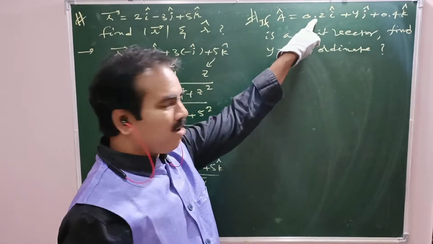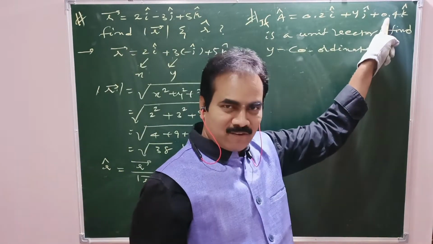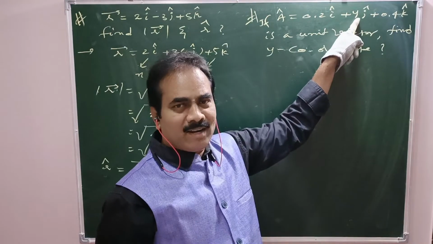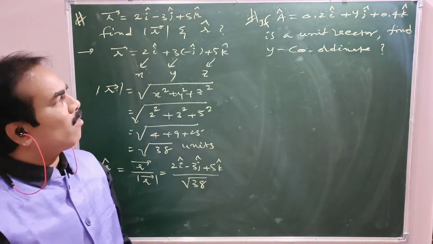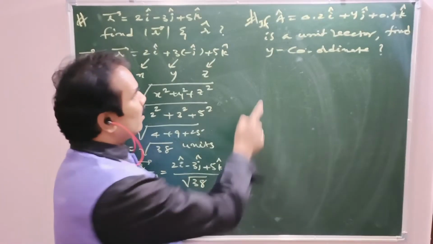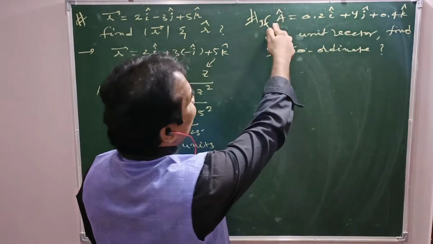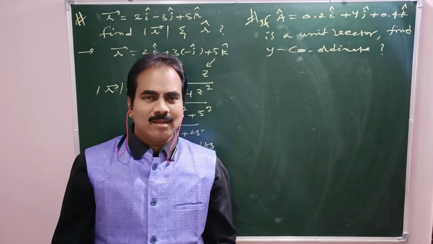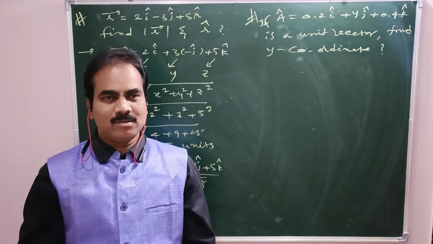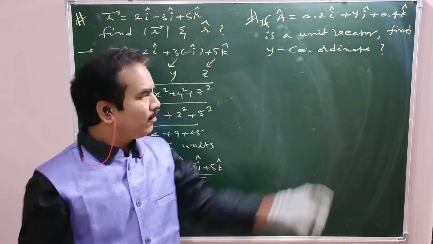So here the x component is given. What is that x component? 0.2. The z component is also given, 0.4. Coming to the y component, it is unknown. How to find that unknown coordinate is very simple. In the data, it is clear that a cap is a unit vector. Unit vector in the sense its magnitude is 1 unit. So we can find its magnitude and equate it to 1.